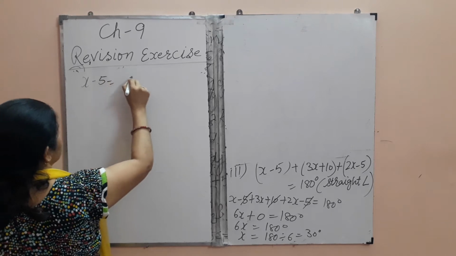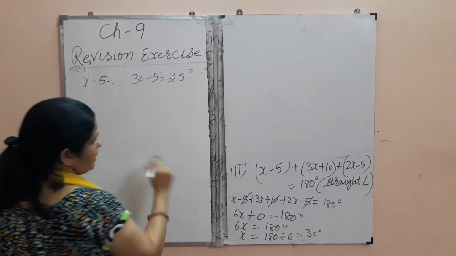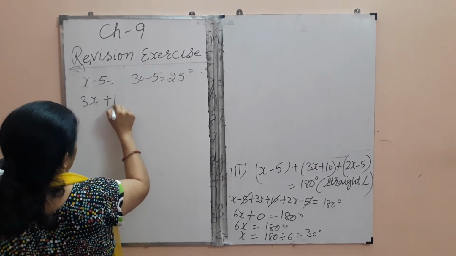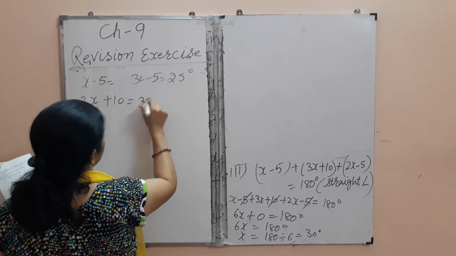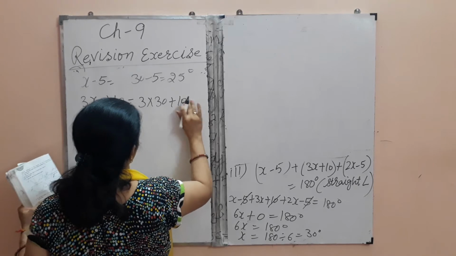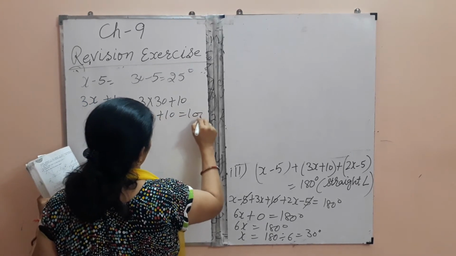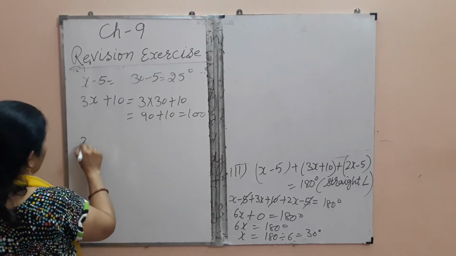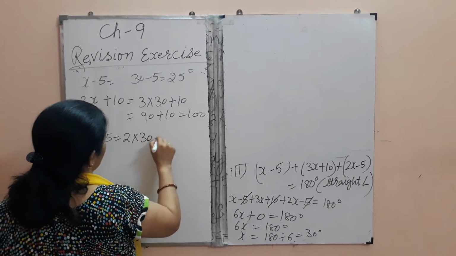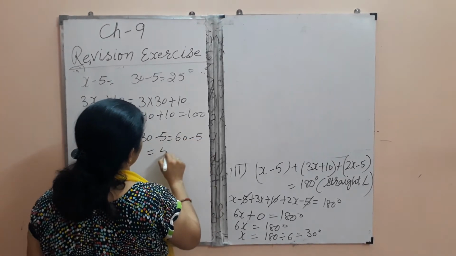X minus 5 equals to 30 minus 5 equals to 25 degree. Second is 3x plus 10 equals to 3 into 30 plus 10 equals to 90 plus 10 equals to 100. Next is 2x minus 5. 2 into 30 minus 5, 60 minus 5 equals to 55.